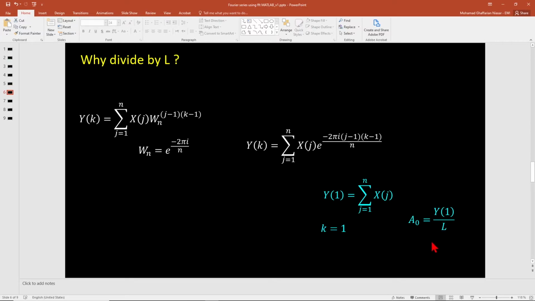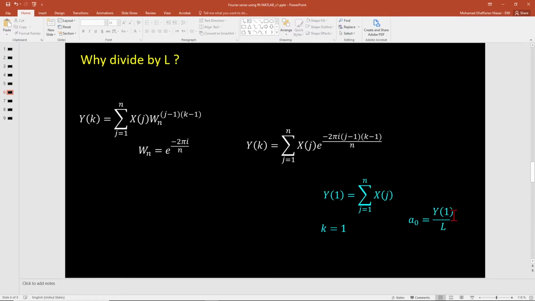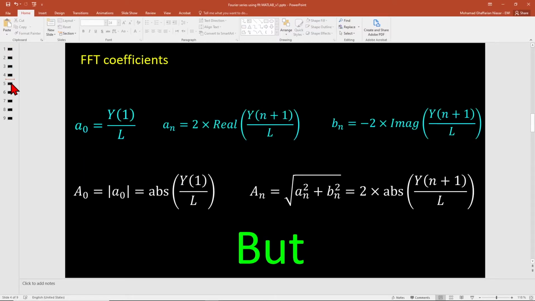That's why a0 is related to y1 divided by L. And if we look at here, we see that for an and bn, we have a division by T and also a multiplication by 2. So that's why here we divide by L and also multiply by 2.